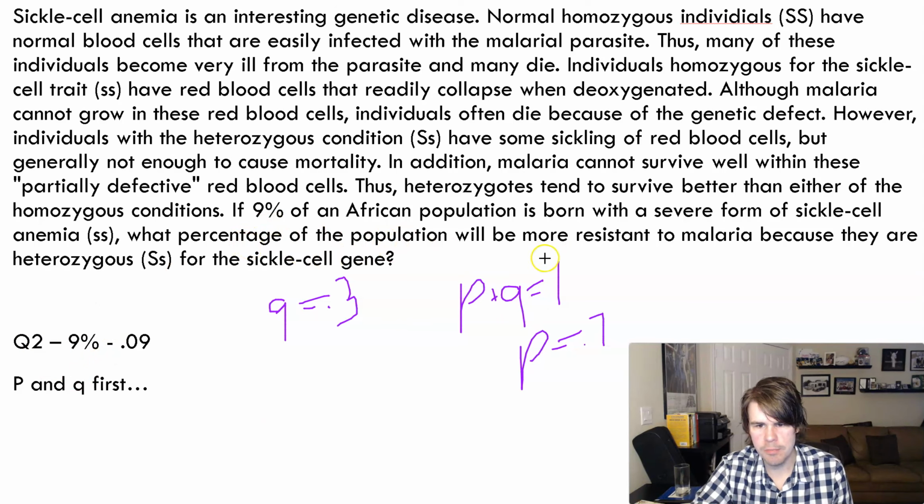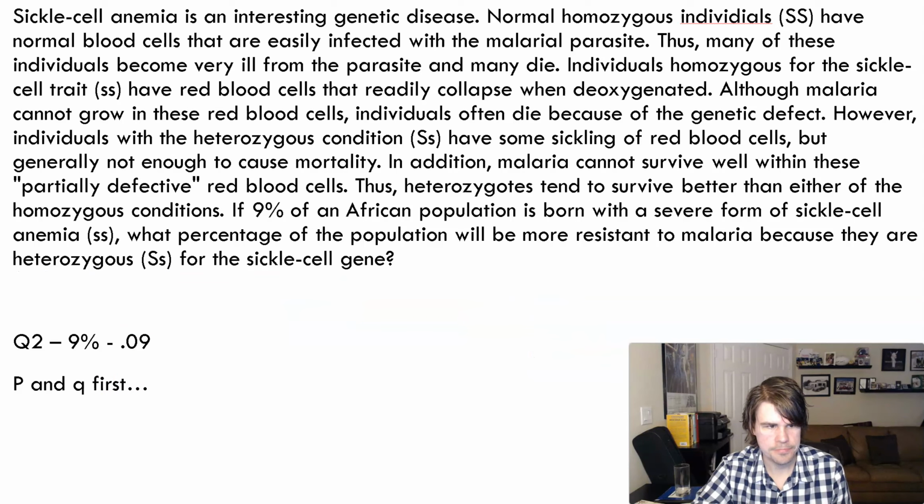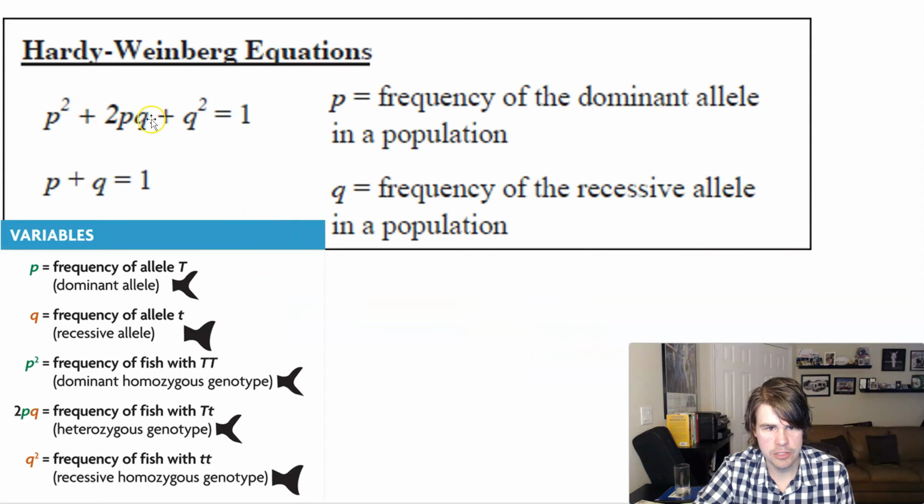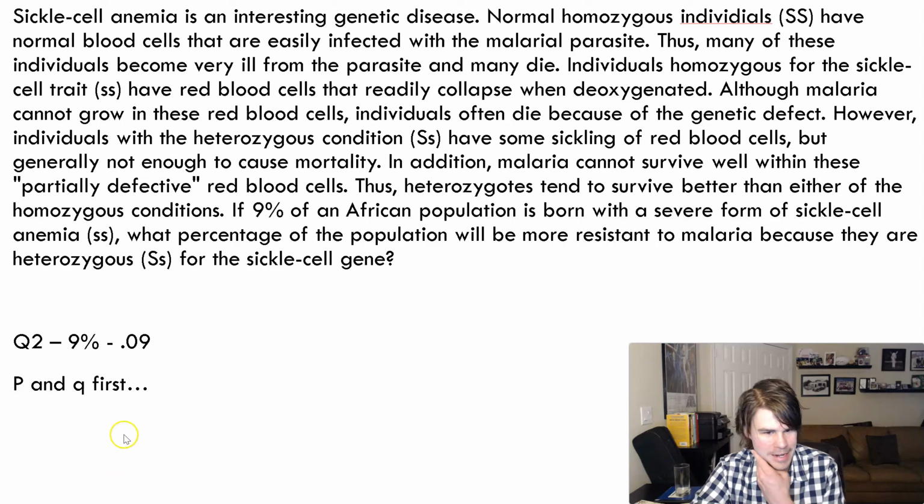So what percentage of the population will be more resistant because they are heterozygous? Well, what term equals heterozygous? Let's go back to our equation, P squared plus 2PQ plus Q squared. Hopefully you can see that 2PQ equals heterozygous. I used to teach math, and I used to say plug and chug.